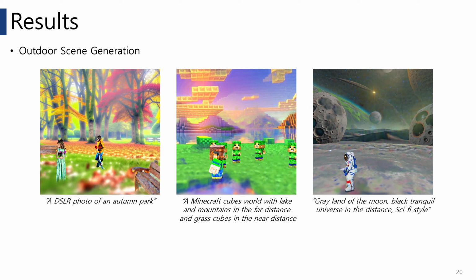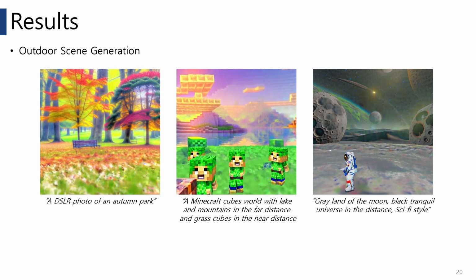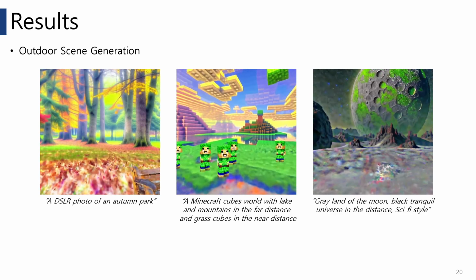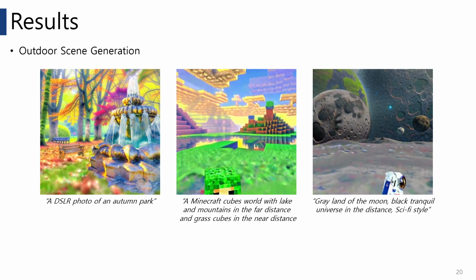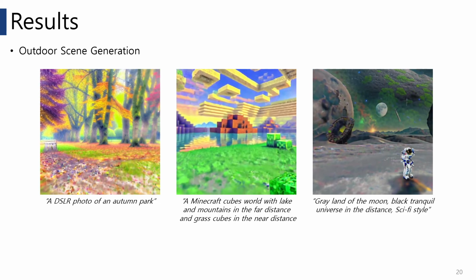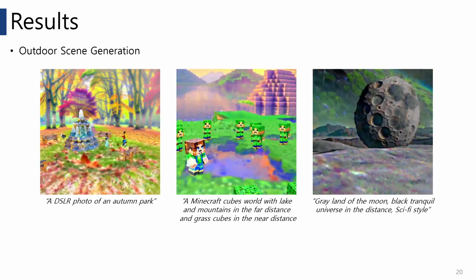These are the results of outdoor scene generation. The model effectively captures open landscapes including natural elements like trees, grass, and distant surroundings. The scene maintains coherence across different viewpoints, producing a visually consistent outdoor environment.